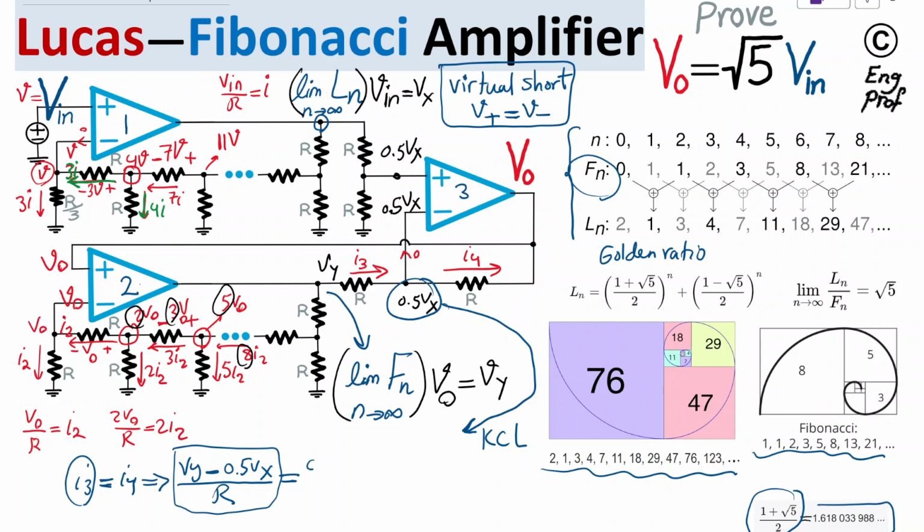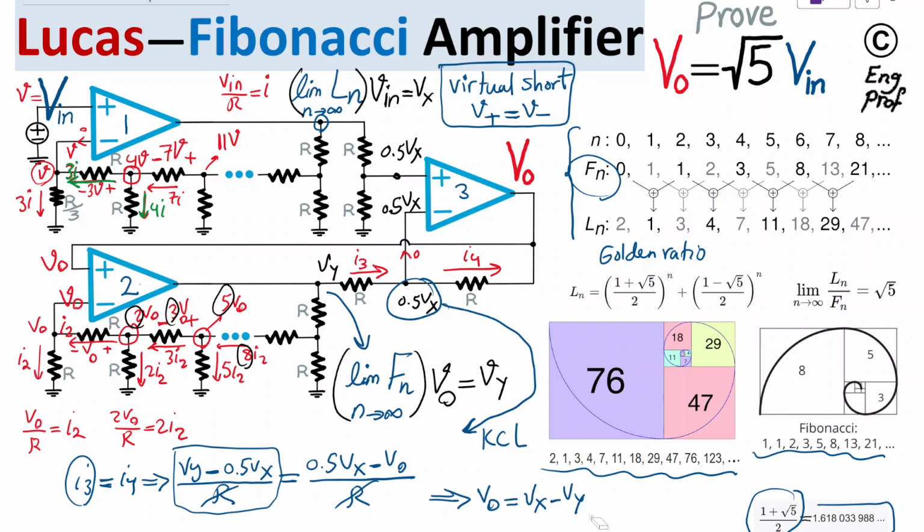So 0.5 Vx minus Vout divided by R. So these two R cancel out, and as a result what I obtain is the fact that Vout is simply equal to Vx, because 0.5 Vx and negative 0.5 add together becomes Vx, and then minus Vy.